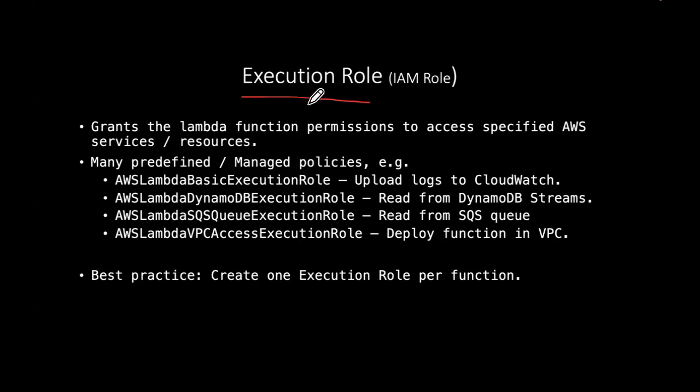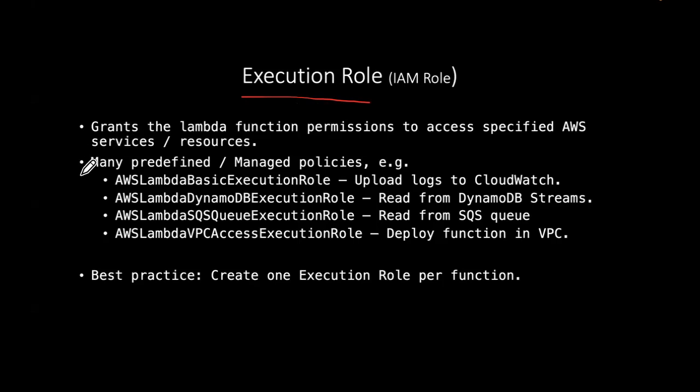You associate an execution role with the Lambda function, and that execution role will have policies which control what other services the Lambda function can use. So this execution role grants the Lambda function permission to access specified AWS services and resources within those services.